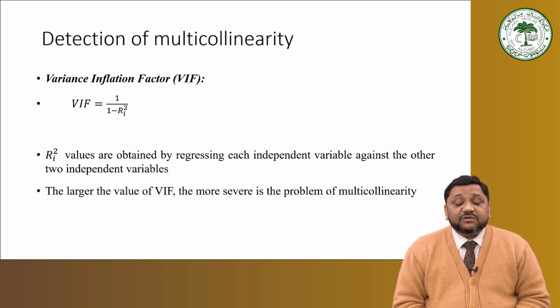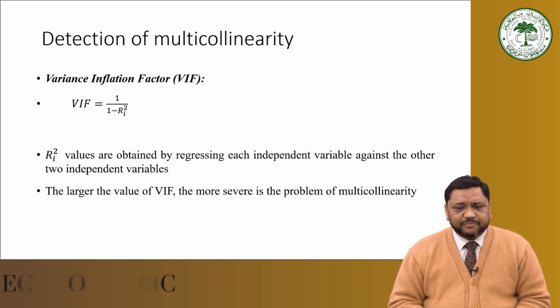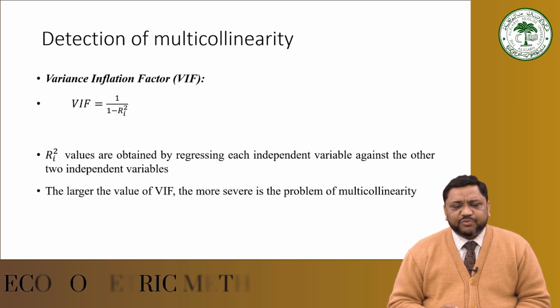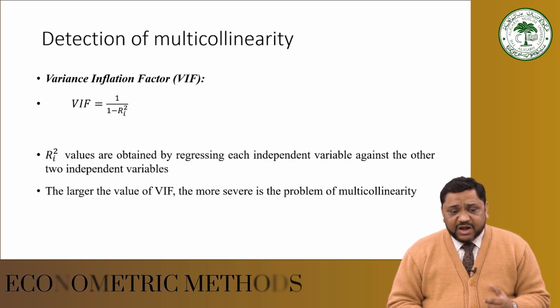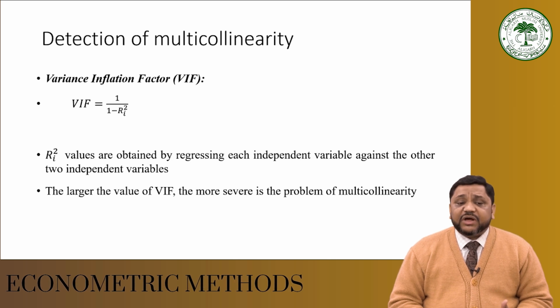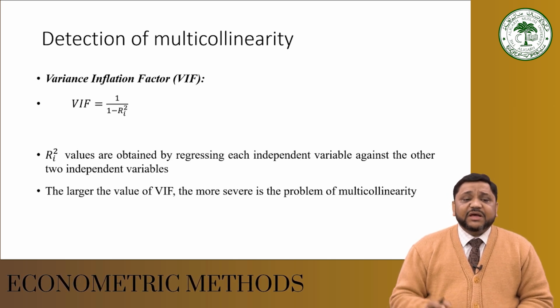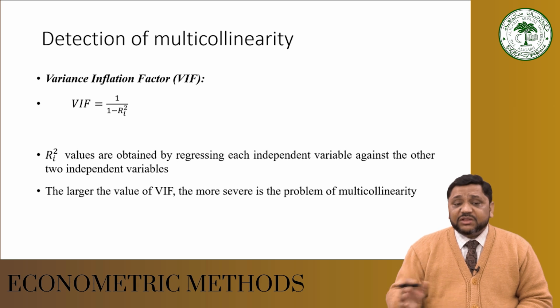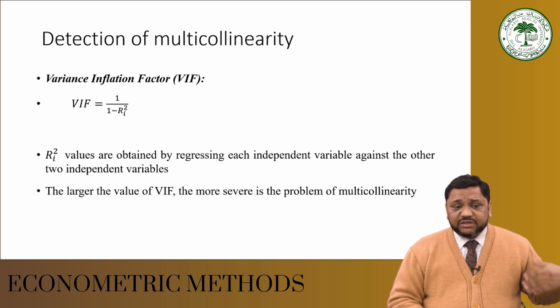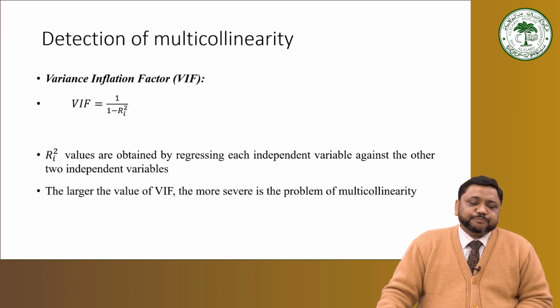Again there is no hard and fast rule on the criteria, but if the VIF is high, there will be a problem of multicollinearity, and normally researchers go by a rule of thumb that if the value of VIF is more than 10, then there is a problem of multicollinearity. But here how are we calculating the R square? We are calculating the R square by regressing one independent variable on the other independent variables. Nothing is being done with the dependent variable.